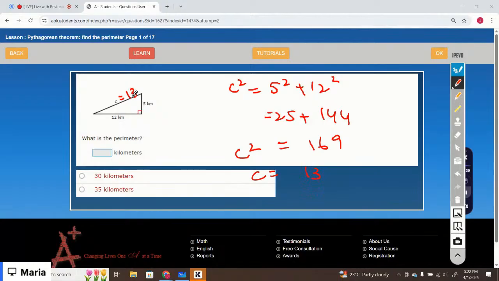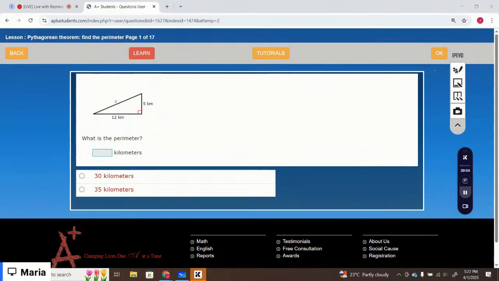You need to calculate the perimeter, just add all the side lengths: 15 plus 5 plus 12. That is 30 kilometers. Option number one is the correct option.